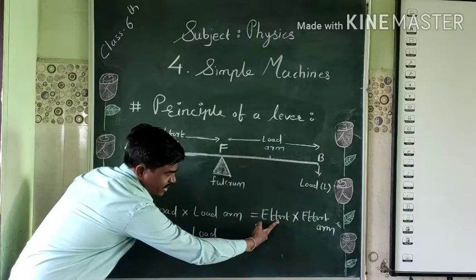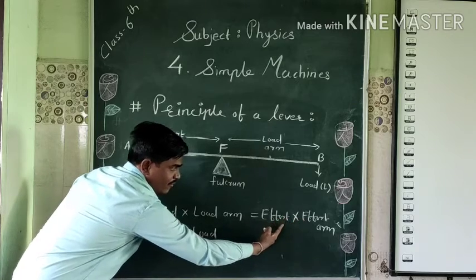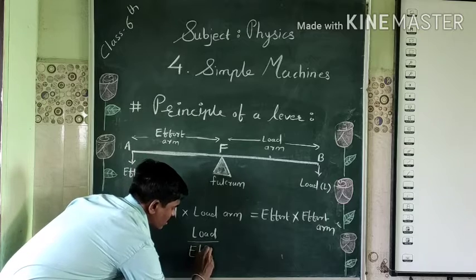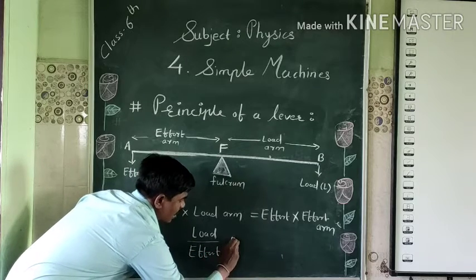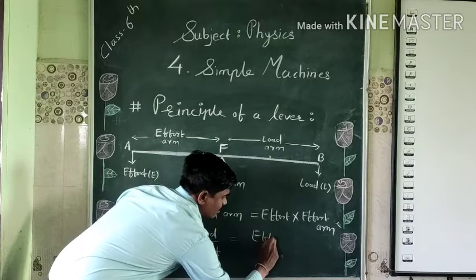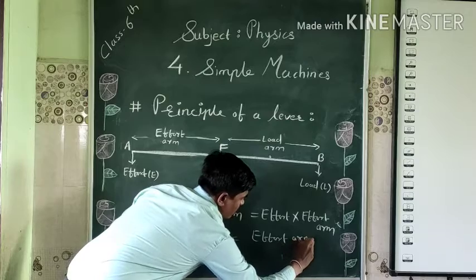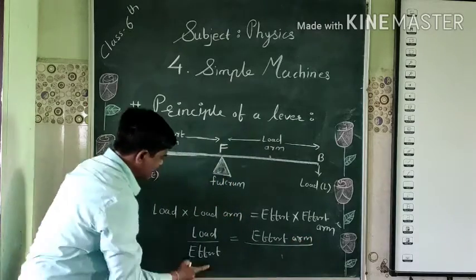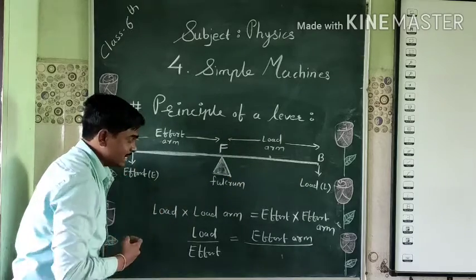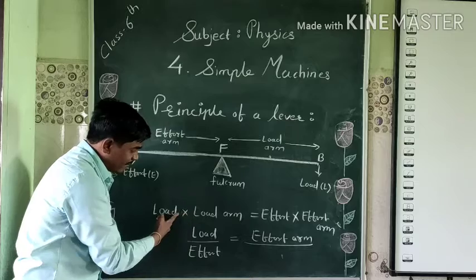We know that load upon effort, when the effort comes to the LHS side, it is in divide, and the effort arm is multiplied. And this load arm on the LHS side, when we go to the RHS side, the load arm will go in divide because it is multiplied with load.